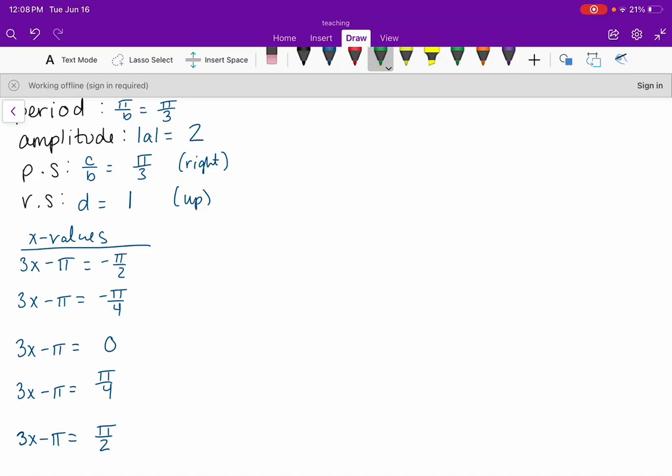Just like with sine and cosine, I'm going to solve for the x value, but the only thing that has changed in finding the x values is these have changed. So just be careful about that. They've changed because the original values that the graph passes through have changed. But the solving part's the same, so I'm going to add pi to both sides.